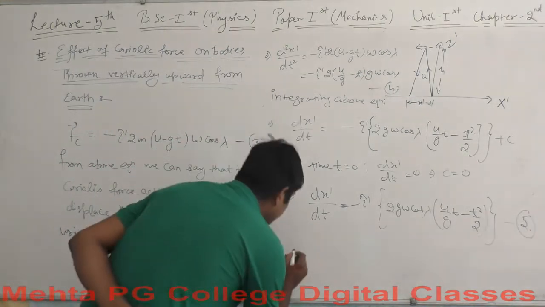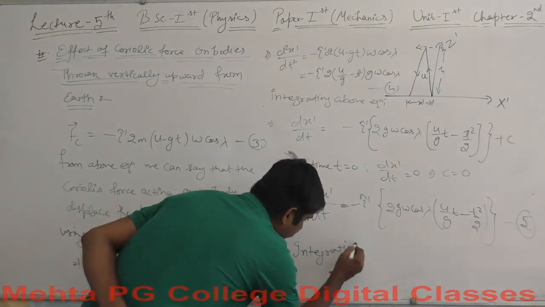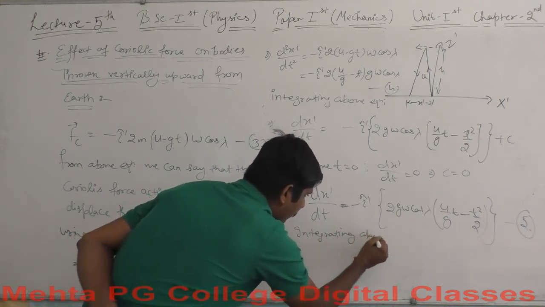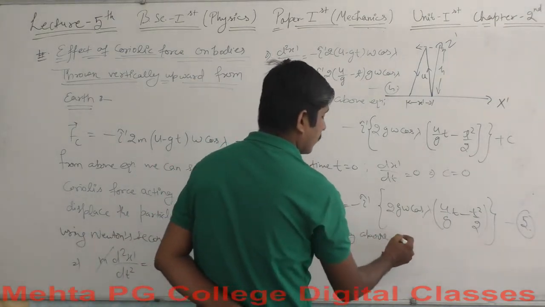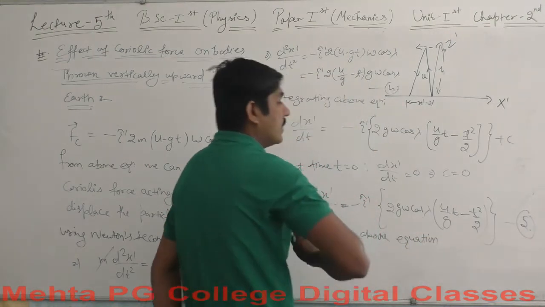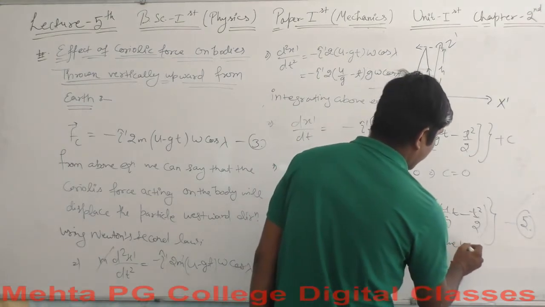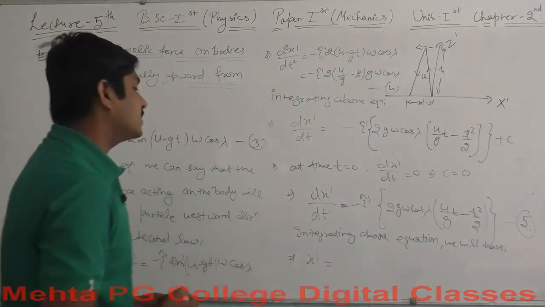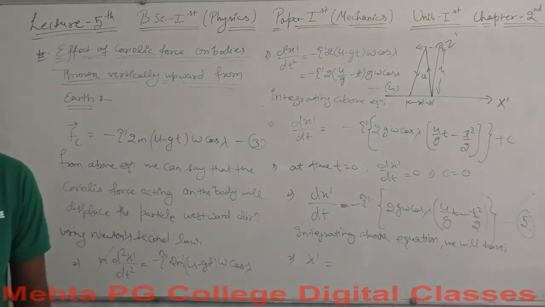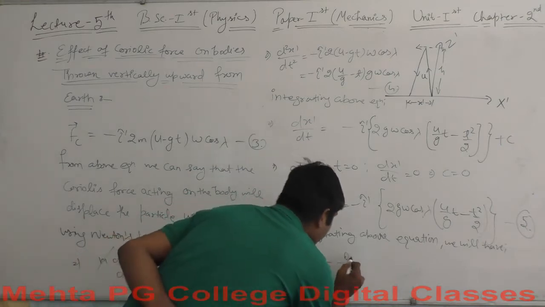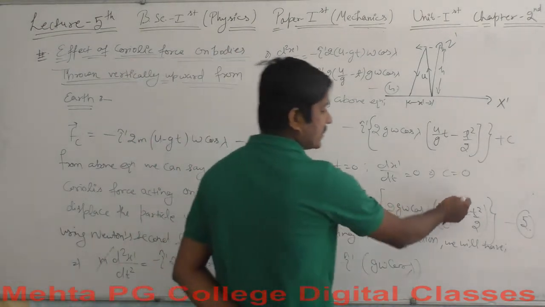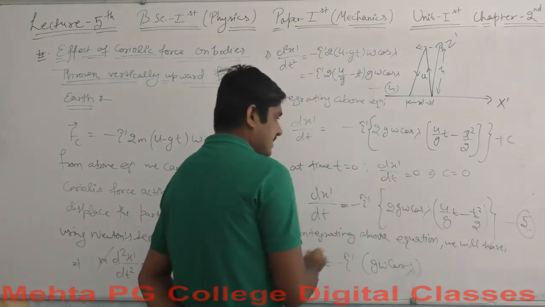Okay, so integrating the above equation, we will have x dash equals minus I dash cap, g omega cos of lambda is constant, because this is again the t square by 2 and this is t square by 3. So that's why the 2 has been cancelled.